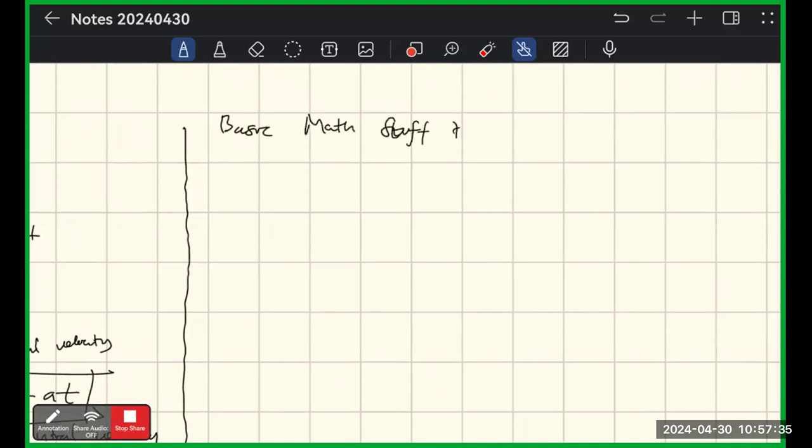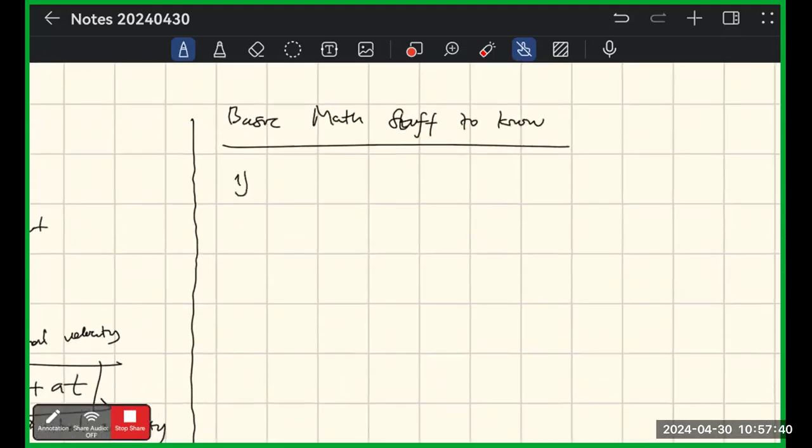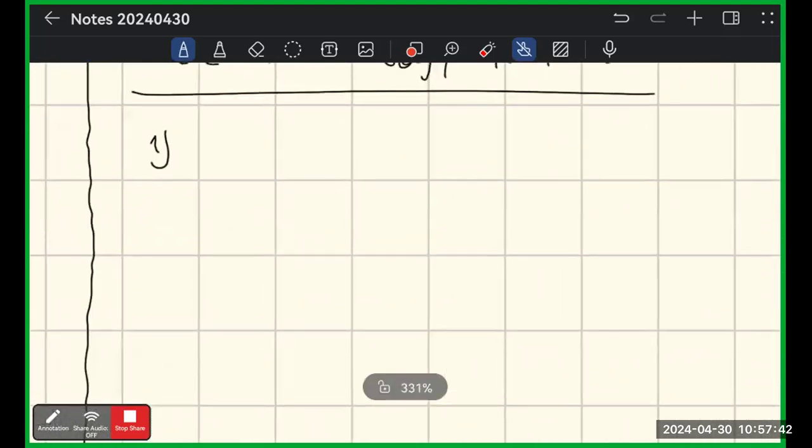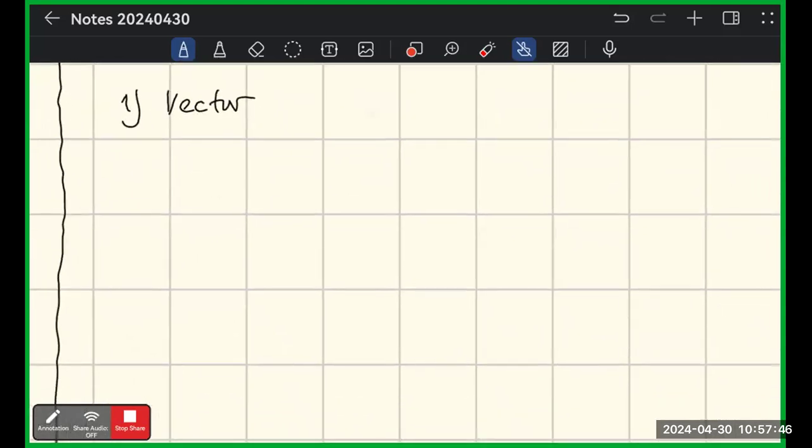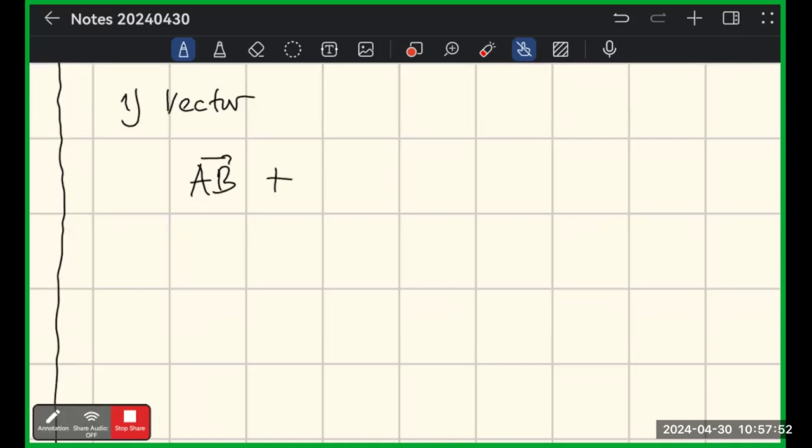So first thing first, you have to understand a little bit of vector, which is that AB equals, for example, AB plus BB.